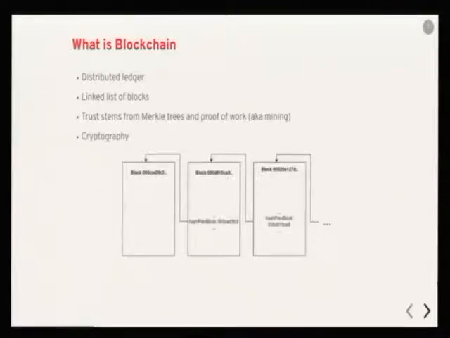And the miners, the actors in the system who lend their computing power, try to put security into the system by a process called mining. It uses cryptography heavily. For instance, all the public addresses are fingerprints of public keys, and only those people who own the corresponding private key are allowed to send money from that address.